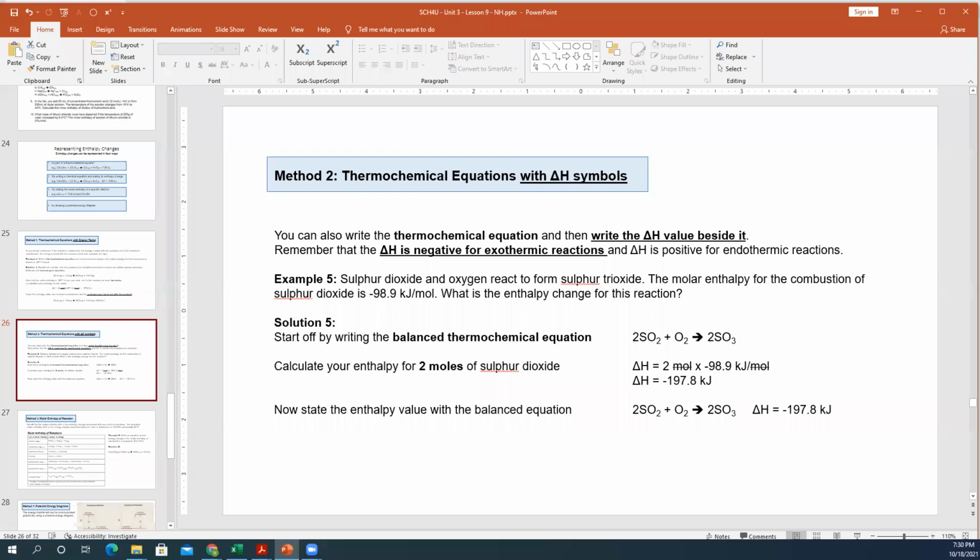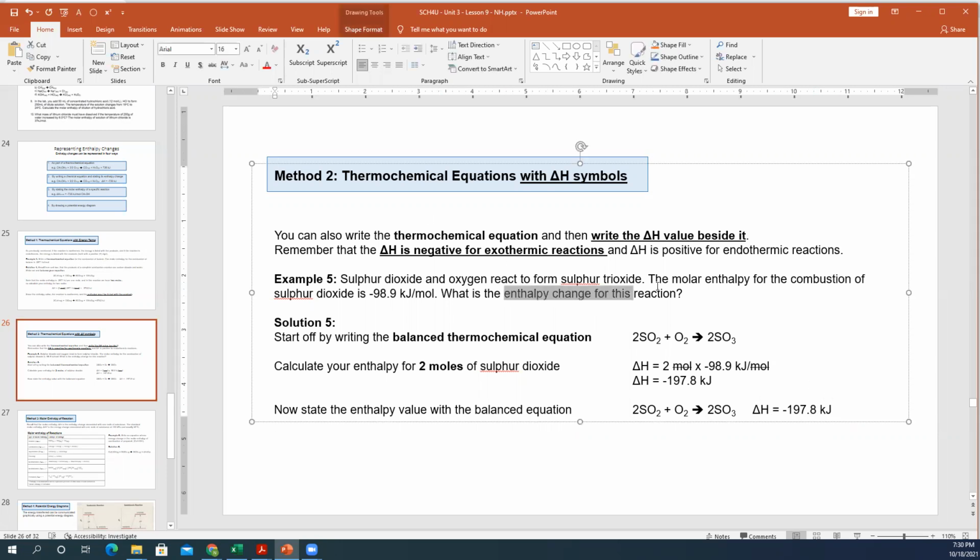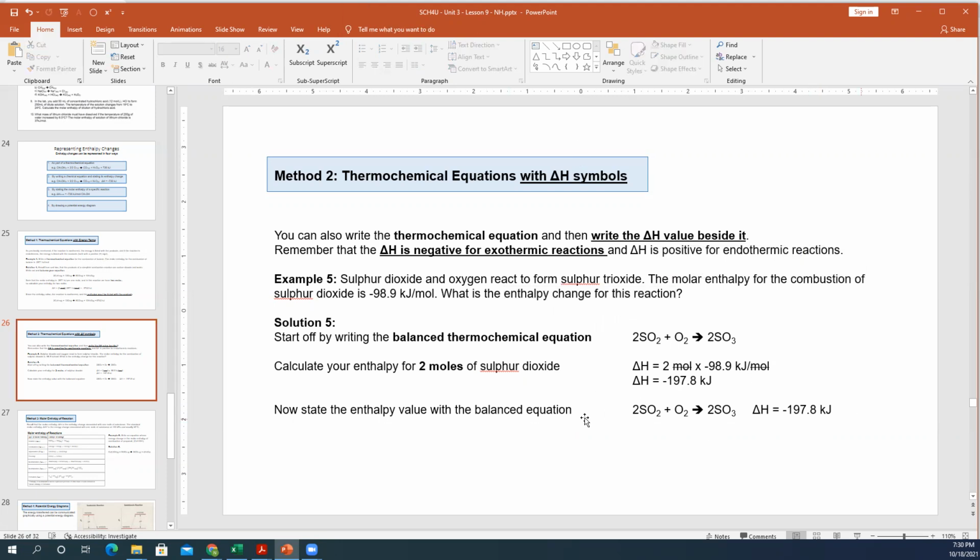We write down the balanced equation that we worked out. Right here, we put it down. And then we write down our delta H value beside it. We say delta H is equal to negative 197.8 kilojoules. Okay, and that's the delta H for this reaction, the enthalpy change for this reaction. Okay, so that's another way to write delta H.